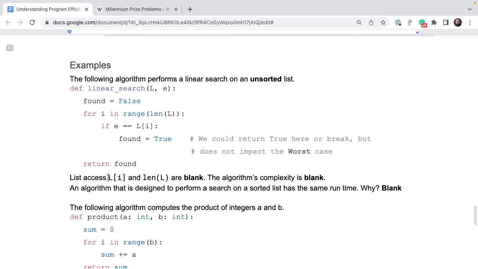So list access, L of i, and the length of L. By the way, you can assume that these are constant time. This is actually really counterintuitive. It does not matter if the list is 1 billion elements long or 10 elements long. If you give it the index, it'll be able to do that in the same amount of time.